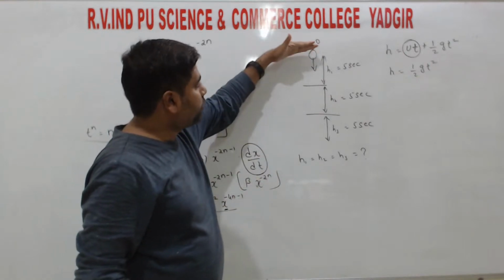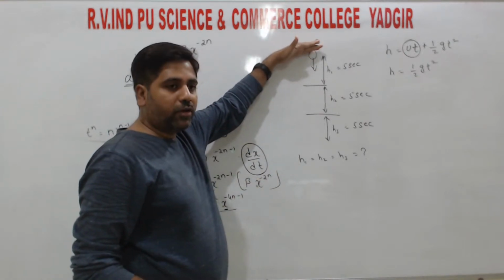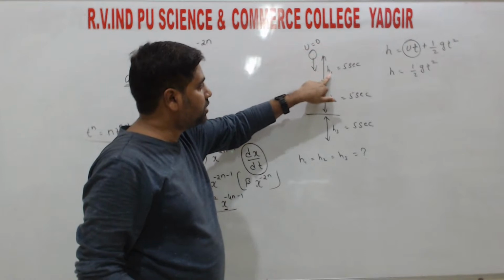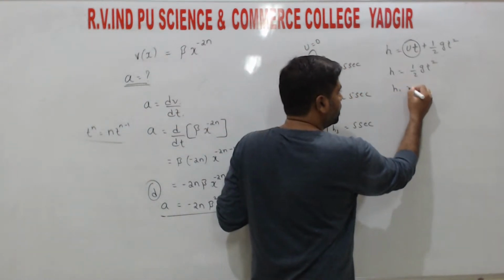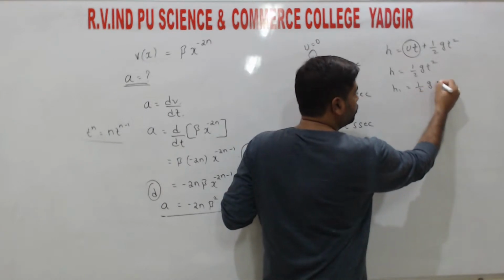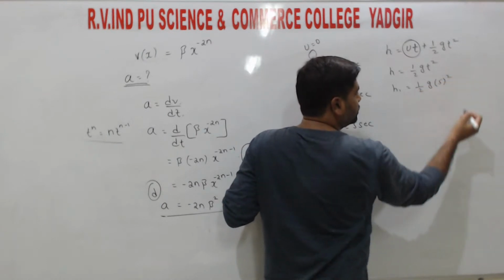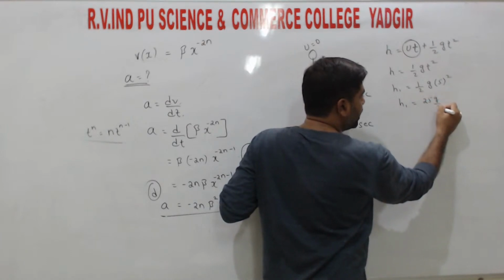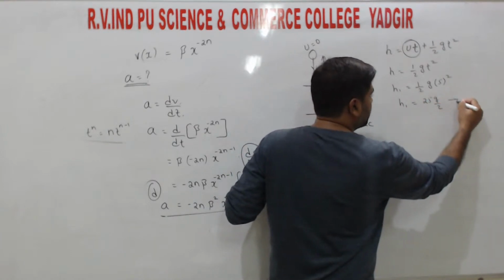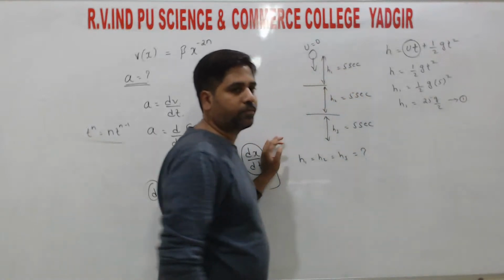So h is equal to 1 by 2 gt square by using this relation. Initially in the first case, freely falling, when u is equal to 0, it covers distance h1 in 5 seconds. That means h1 is equal to 1 by 2 into g into 5 square, right? So h1 is 25 g by 2. Take this as the first equation, right?